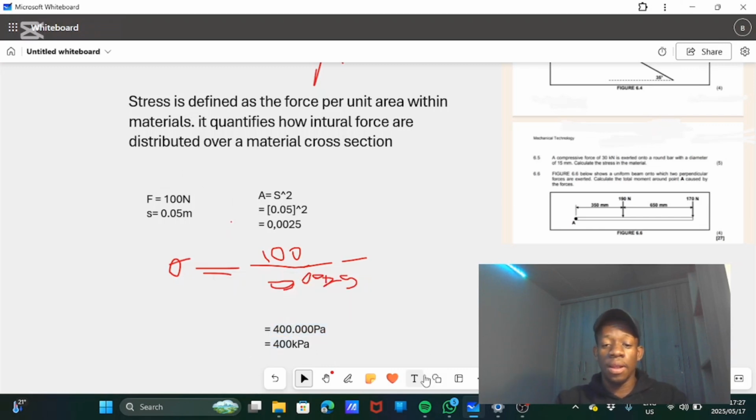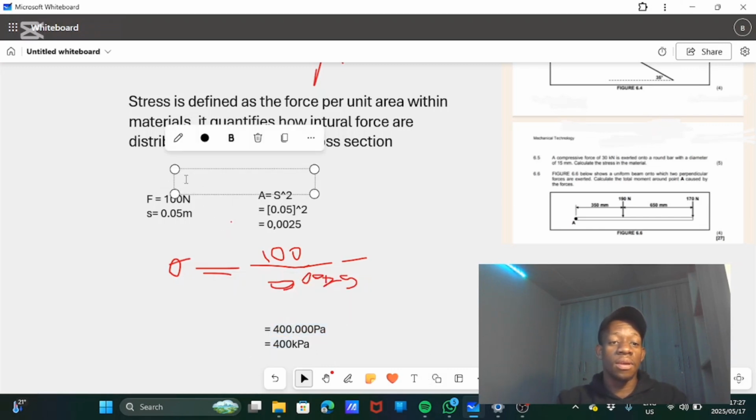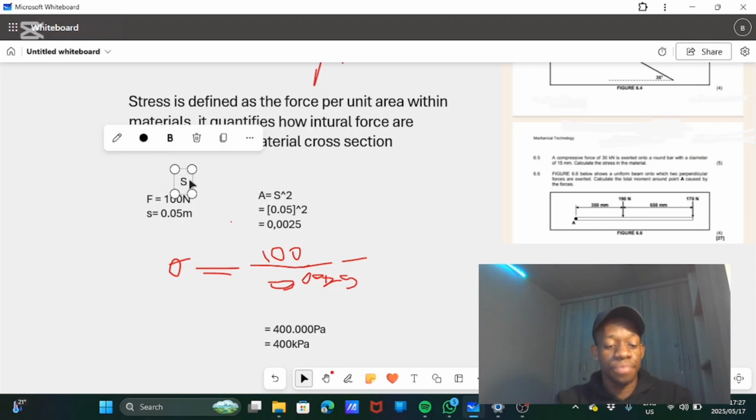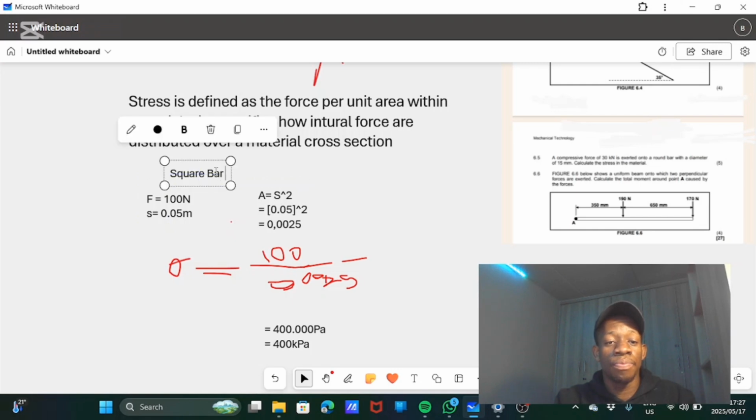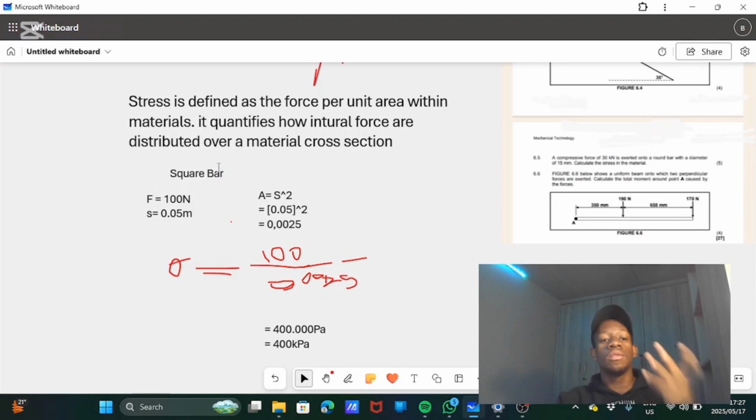Let me make it clear here. This is a square bar.